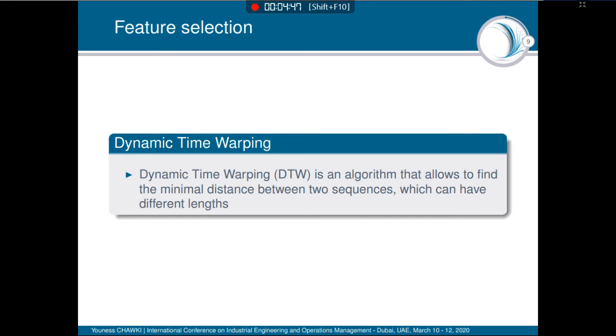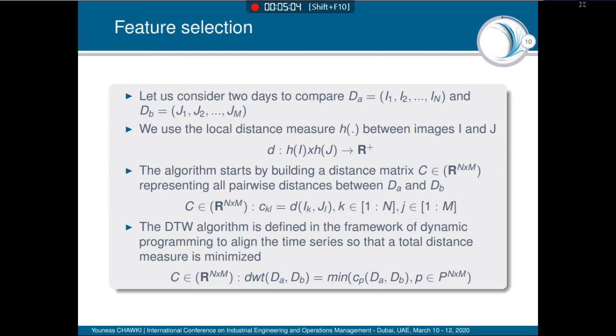Dynamic time warping, DTW, is an algorithm that allows finding the minimal distance between two sequences which can have different lengths. Indeed, let's consider 2 days to compare, dA and dB.